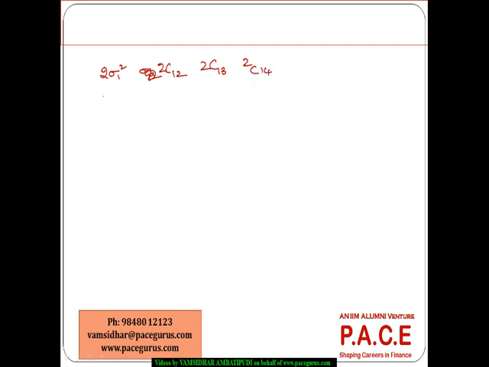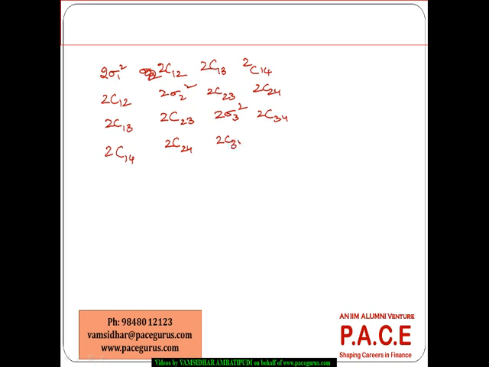First let me write this out. 2 covariance 1 2, 2 sigma 2 squared, 2 covariance 2 3, 2 covariance 2 4, 2 covariance 1 3, 2 covariance 2 3, twice sigma 3 squared, 2 covariance 3 4, twice the covariance 1 4, twice the covariance 2 4, twice the covariance 3 4, twice the variance sigma 4 squared.